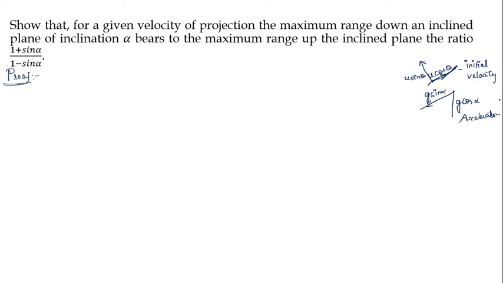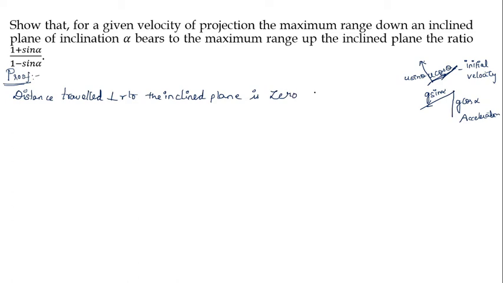And we'll consider the distance traveled perpendicular to the inclined plane. So first, the distance traveled perpendicular to the inclined plane is 0. So this is our first condition.